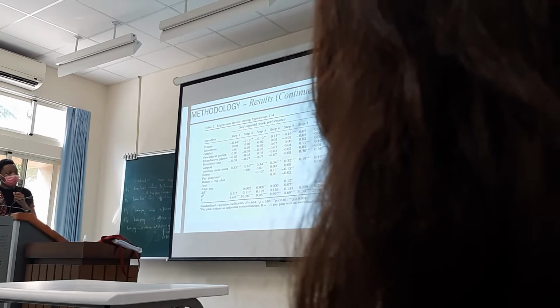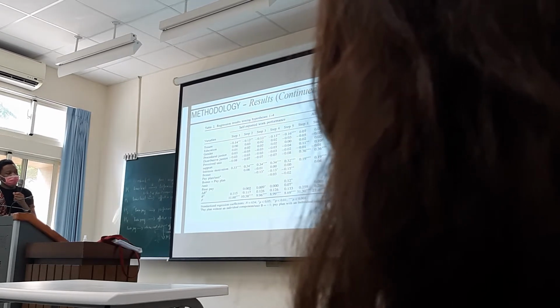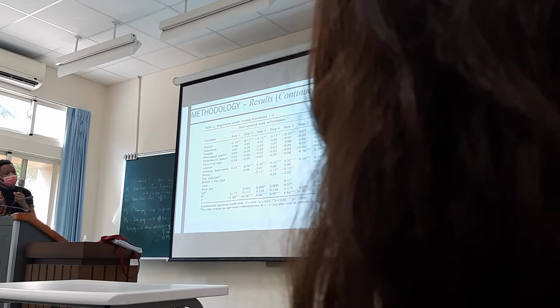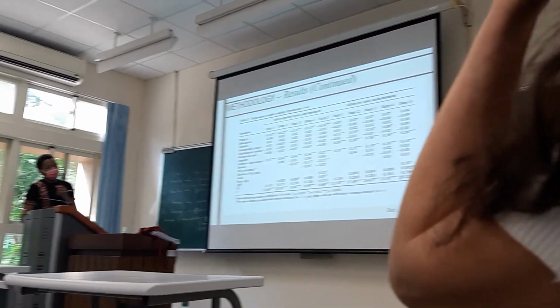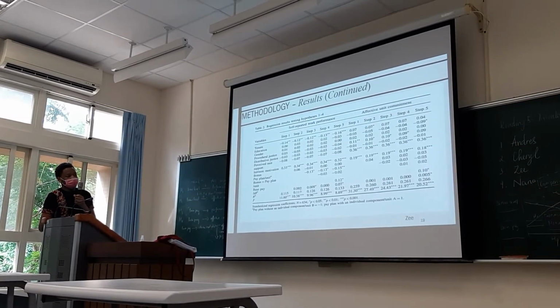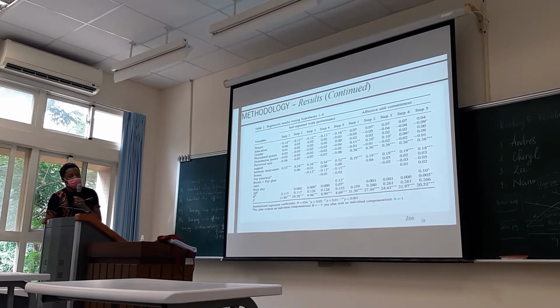After introducing one variable, it increases, and so on and so forth until it gets to the highest at step 5. And again, for effective yield commitment, the same story. It starts at 0.259. After adding one more variable, it gets all the way until 0.266, meaning that it's a good model.